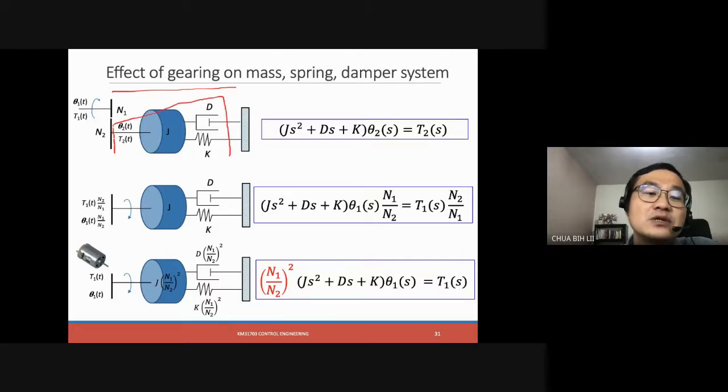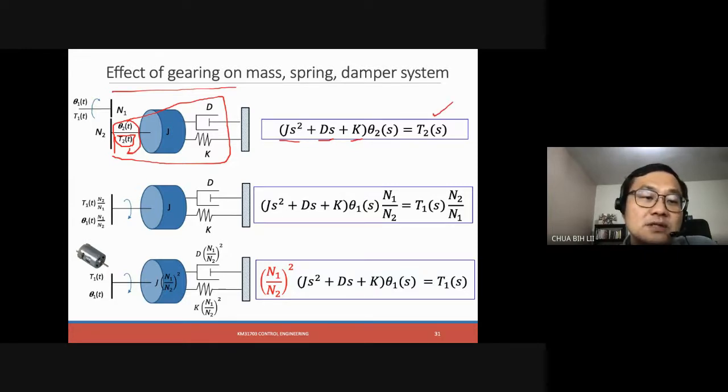Since we would like to see the effect from the so-called motor side, or the other gearing side, first we would like to form this relationship. This relationship is very straightforward. You can see that we have the inertial terms, the damper terms, and the spring terms, which are related to the torque acting on this particular side. So the equation is very straightforward.